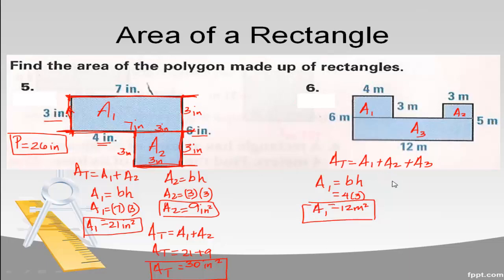Now let's look at area 2. For area 2, notice here, my base is 3. How about my height? I don't know what my height is, but I'm going to use the information that I have to figure out what this height is. Notice this side measures 6. This side measures 5.